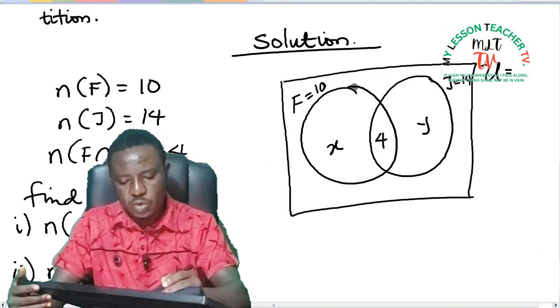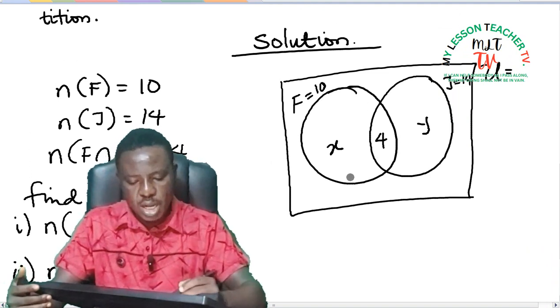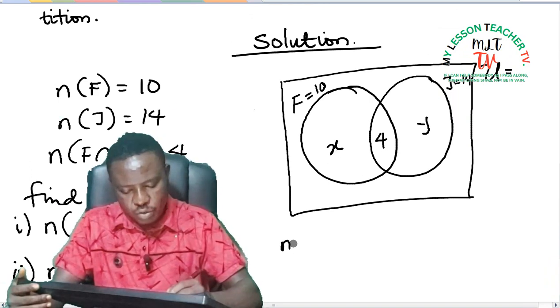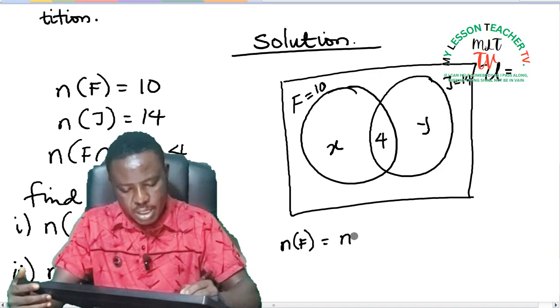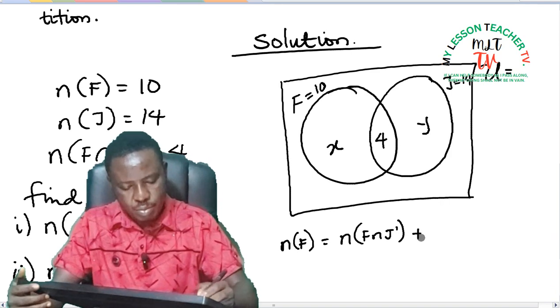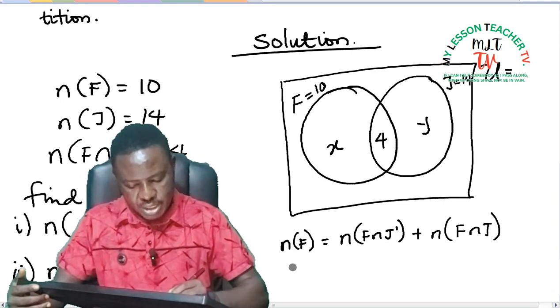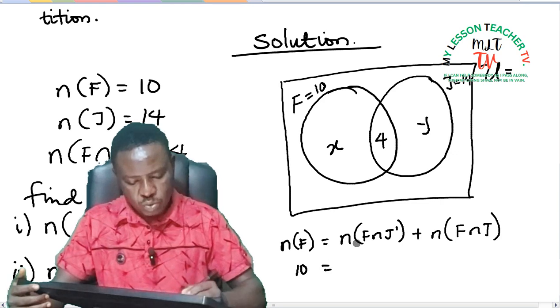For we know that those that dance Fuji are said to be the sum of x plus the intersection. So n of Fuji is equal to n of Fuji intersection jazz prime plus n of Fuji intersection jazz, which we said is 10, is equal to Fuji alone, we said is x, plus this 4.